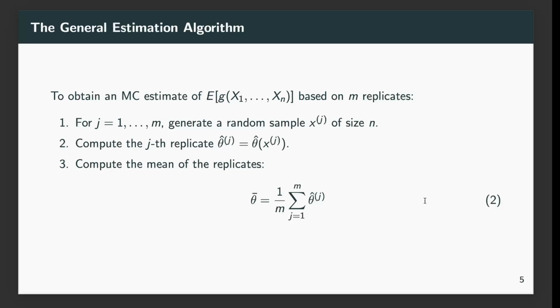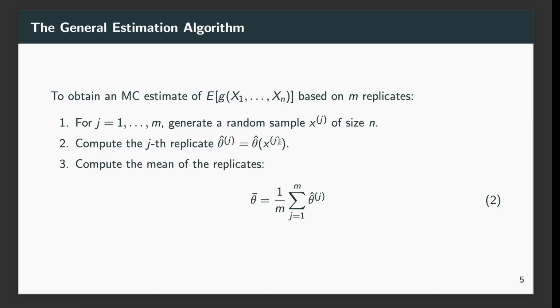The first step: for each j from 1 to m, where m is the number of samples that we want, we generate a random sample x of size n. The second step: for each replicate, we compute the estimate theta hat, which is given by theta hat of x for this particular j.